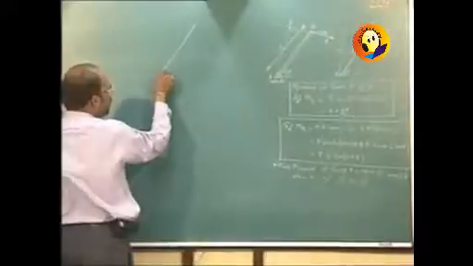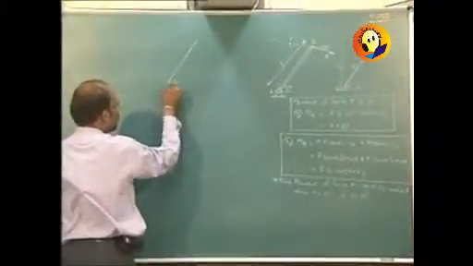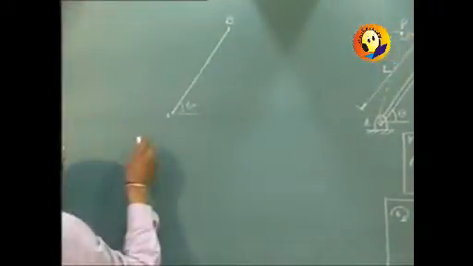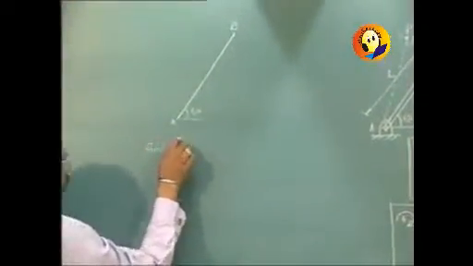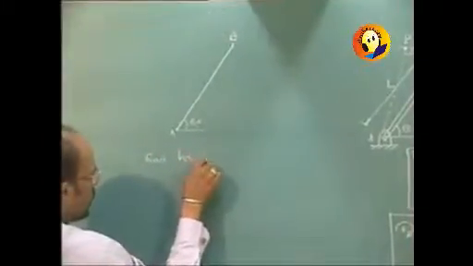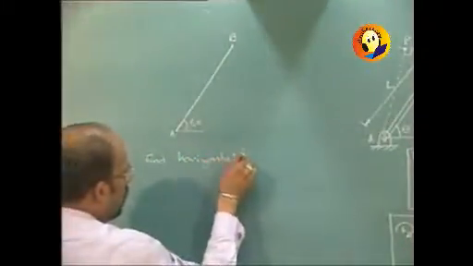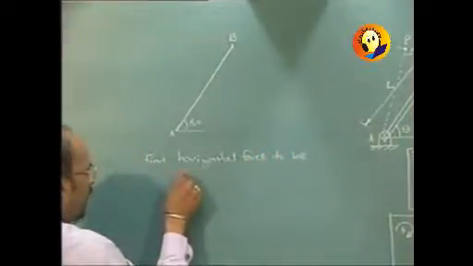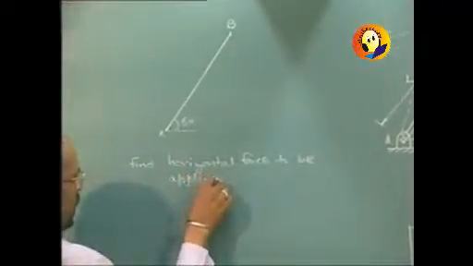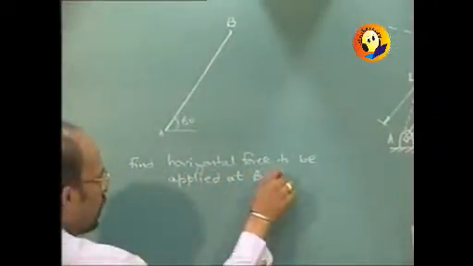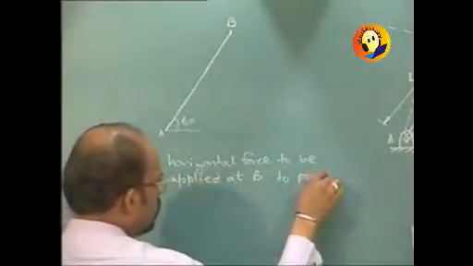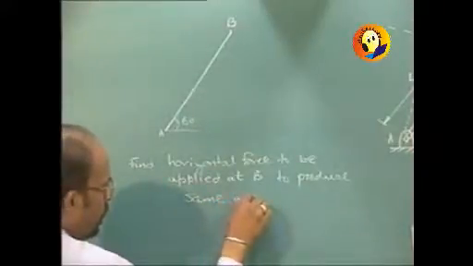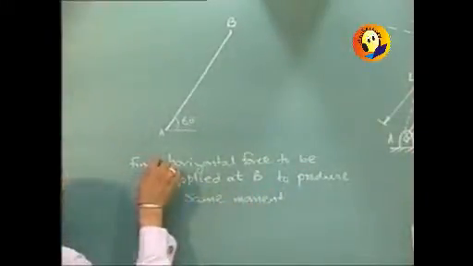As the link is making 60 degrees, the question could be: find horizontal force to be applied at point B to produce same moment. This could be the first question.